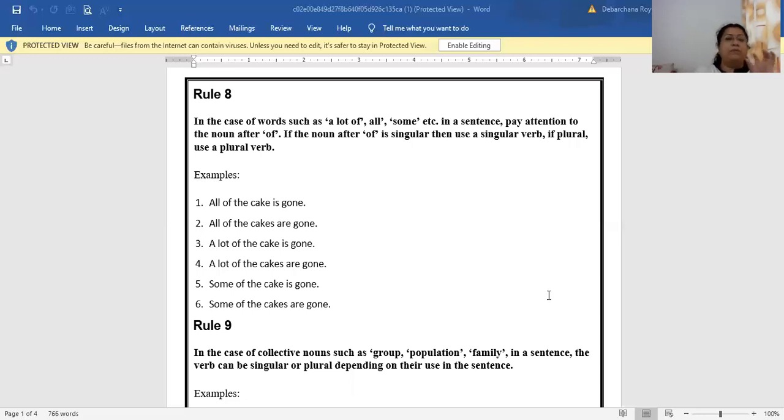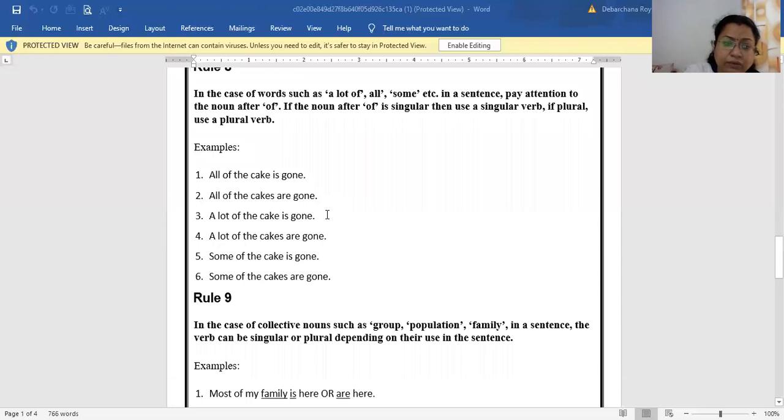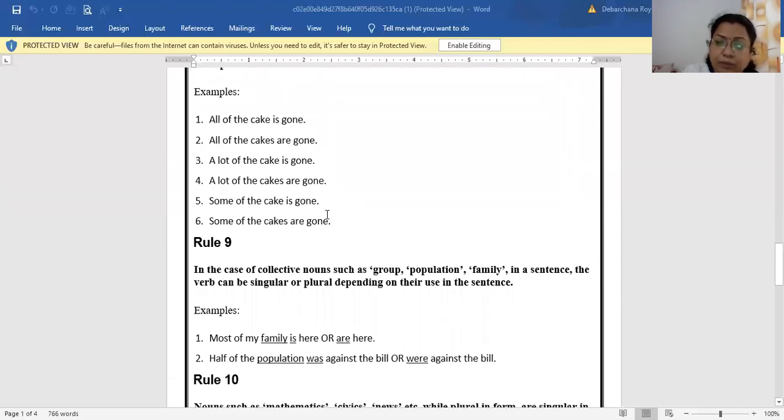If it is singular, then use a singular verb only. I repeat, if it is a singular noun, you have to use a singular verb. If it is a plural noun, you have to use a plural verb. Clear? So examples are given, you can note it down. And it is also available in the portal, children, so no need to panic.